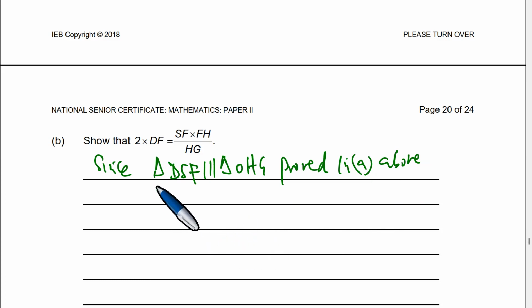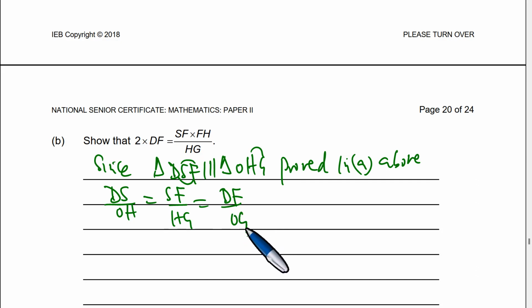Because this is proved in A, you can do the first two. DS over OH is equal to SF over HG. And then DF goes with OG. This is the proportionality theorem.